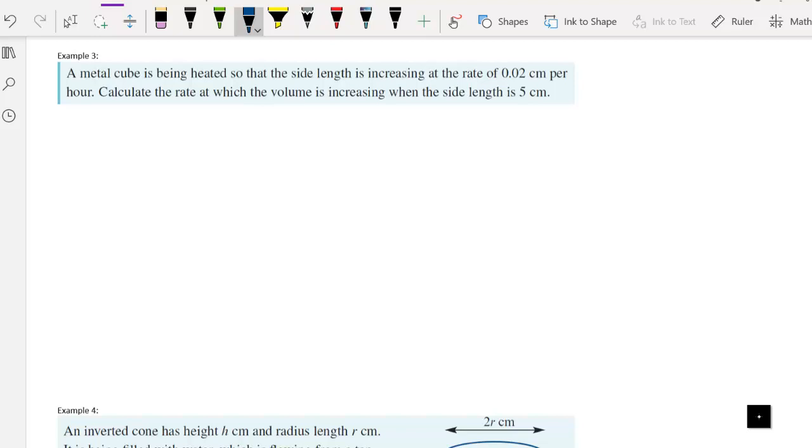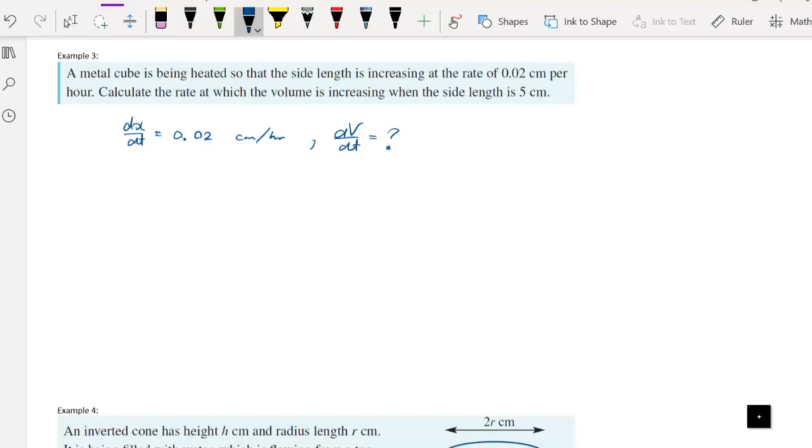Okay, so we know that the side length is increasing, so we'll say that's dx dt at 0.02 centimeters per hour. We're trying to find that rate of increase in volume, so we're trying to find dV dt.